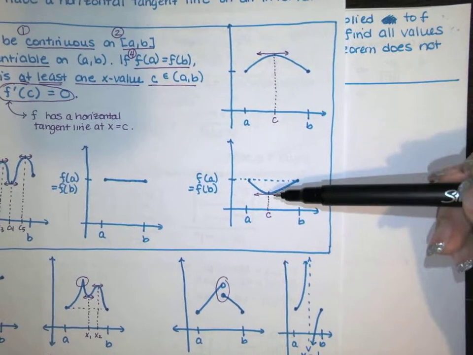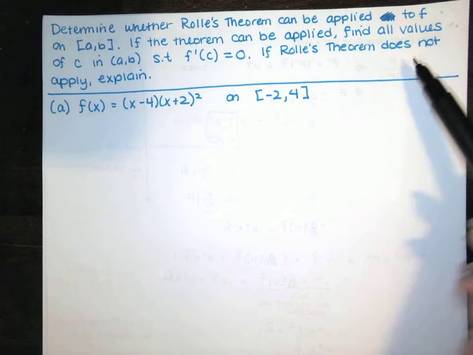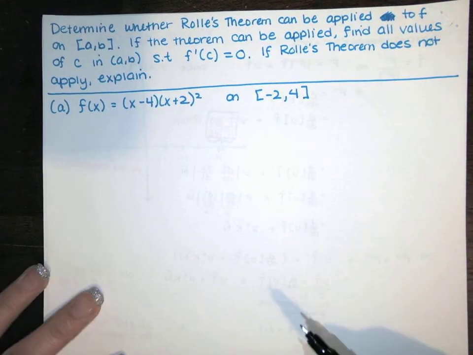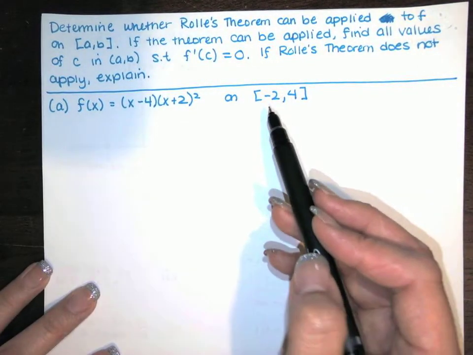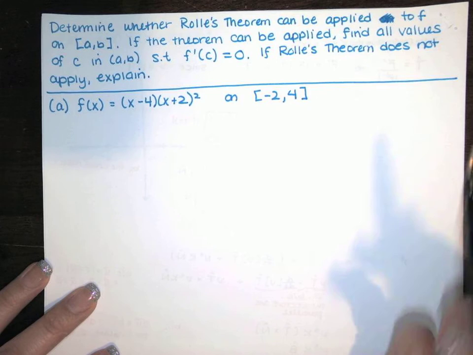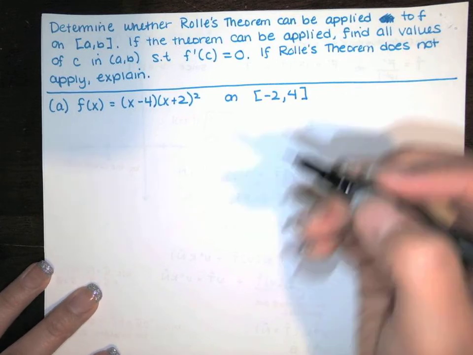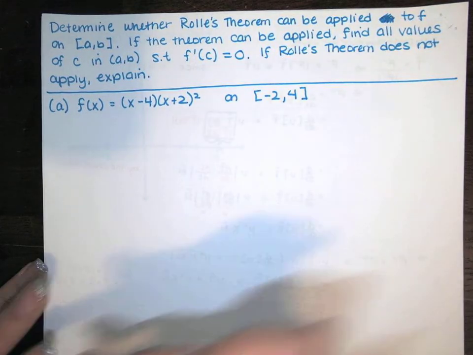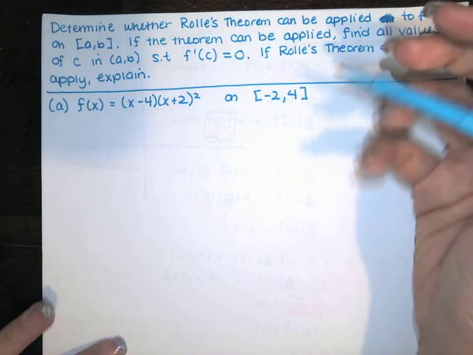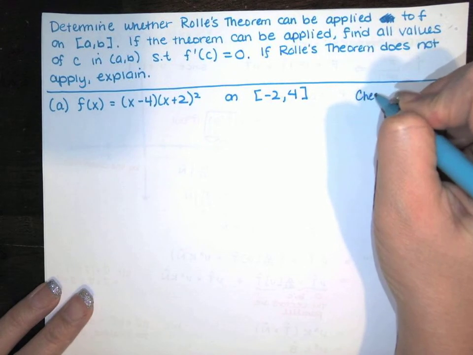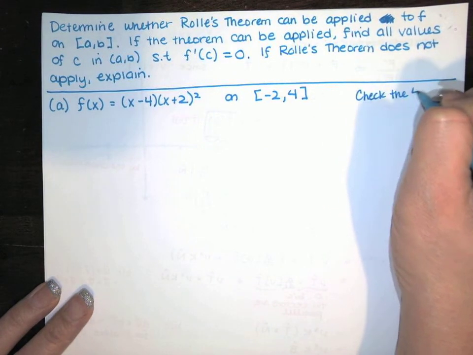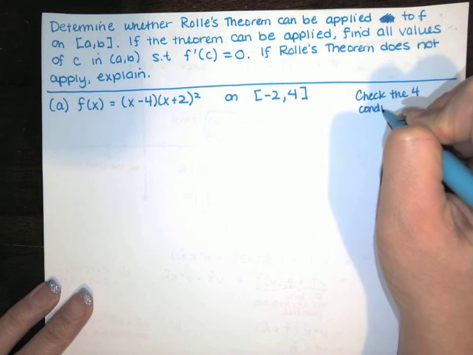So where the graph is going to look like this. If Rolle's theorem doesn't apply, explain. Okay, first of all, if we're given this function on this interval, we need to check the conditions of the theorem. Always start there. And we've got 4 conditions for our theorem.